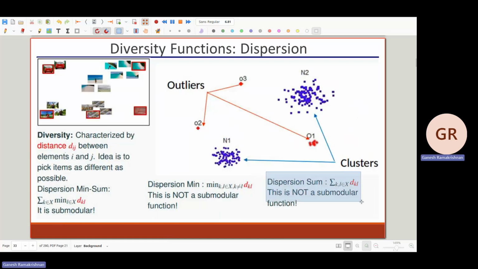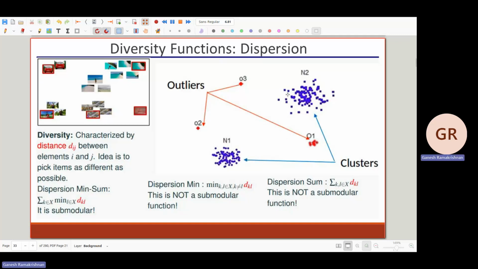Or dispersion sum. Dispersion sum is just saying, okay, take all pairs of points, find their pairwise distances, sum them up. This is not submodular. What is it? It is modular. So you say it's not submodular in the sense, right? It is a simple modular function.